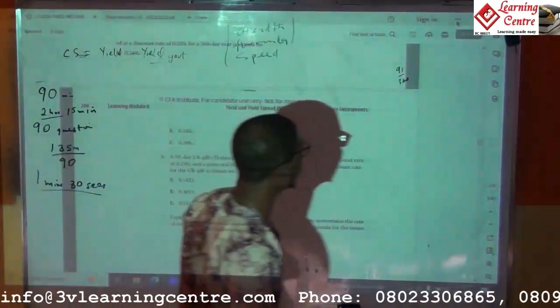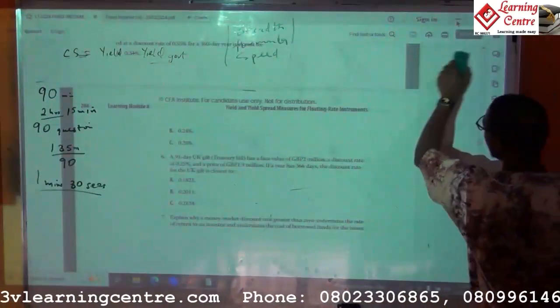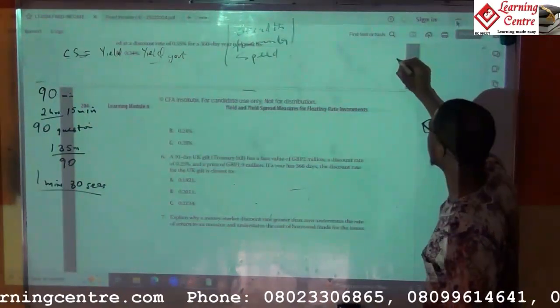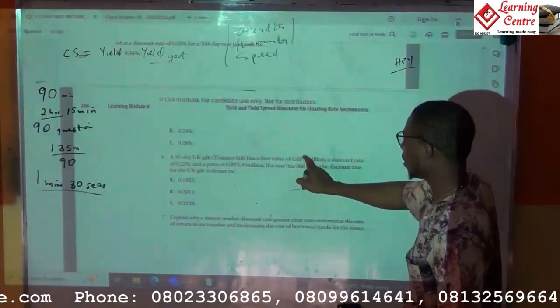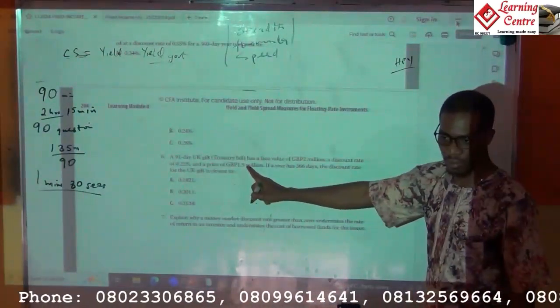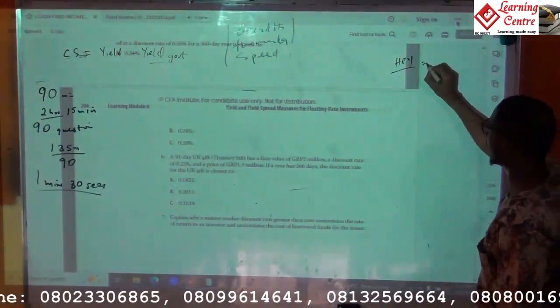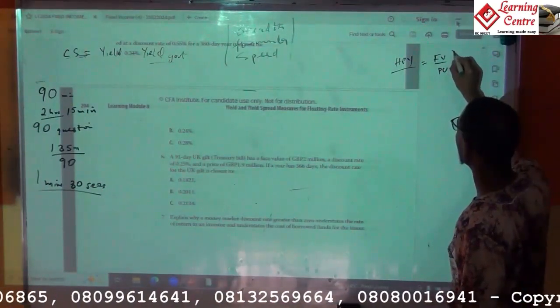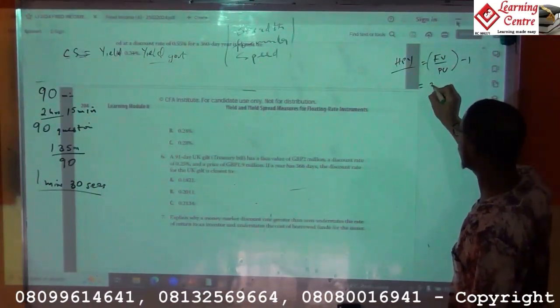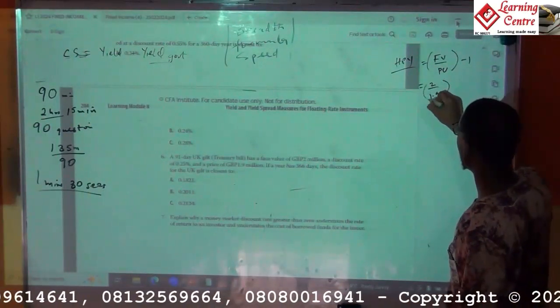Okay, so let us just walk through it together. First, what's the holding period return for this instrument? I'm going to get 2 million when I buy it for 1.9 million. For holding period return, it is FV over PV minus 1. 2 million over 1.9 minus 1.